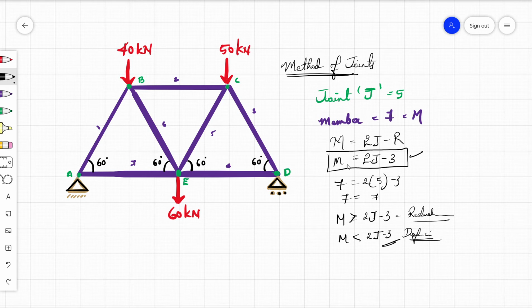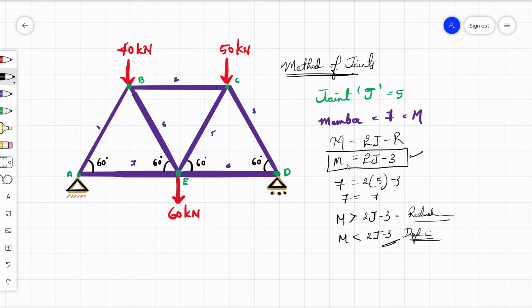So this is one concept. Once it is done, before solving, what we need to do is look through the given numerical. We have to see what type of support is given, whether it is simply supported, or hinged on one side and simply supported on the other, because the maximum reactions you can find with the help of equilibrium equations is 3.